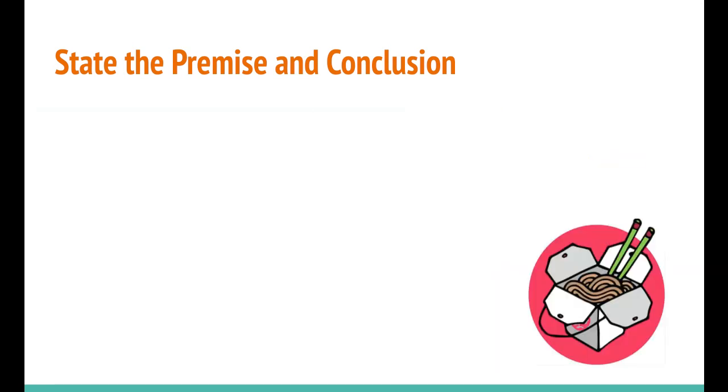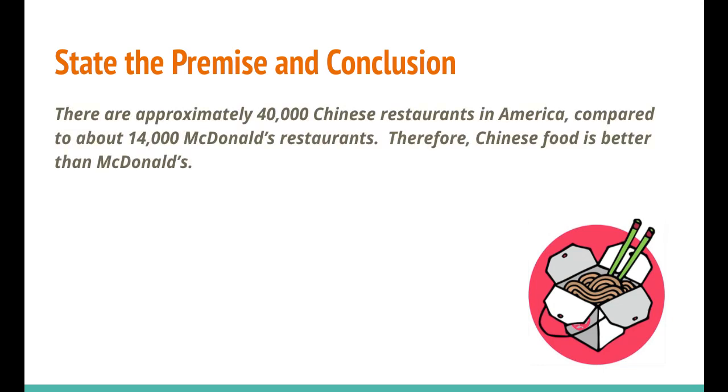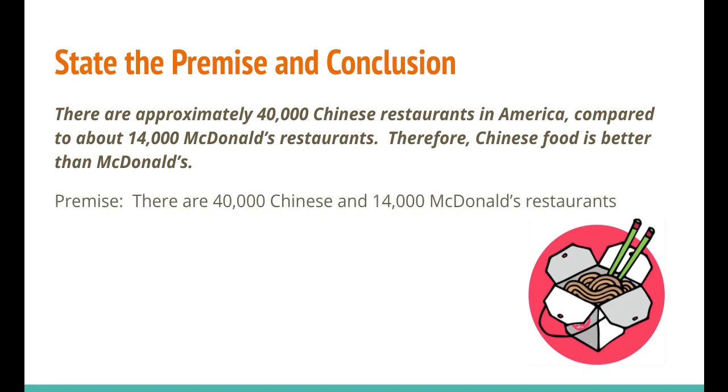Okay, let's see. This one is about Chinese restaurants. "There are approximately 40,000 Chinese restaurants in America compared to 14,000 McDonald's restaurants. Therefore, Chinese food is better than McDonald's." Our premise here, there are 40,000 Chinese and 14,000 McDonald's restaurants. Conclusion, Chinese food is better than McDonald's.